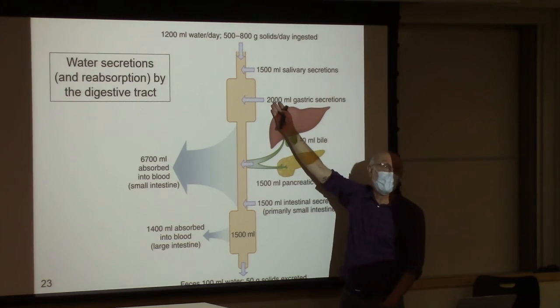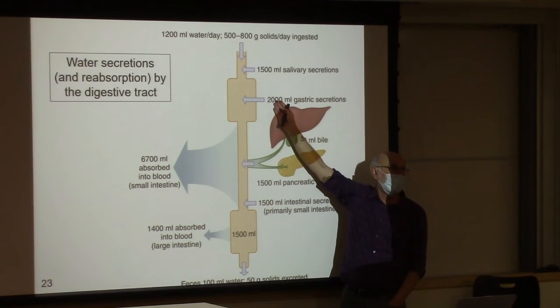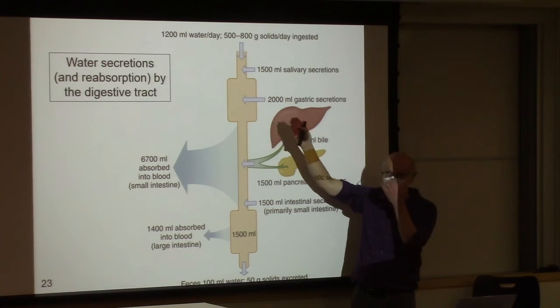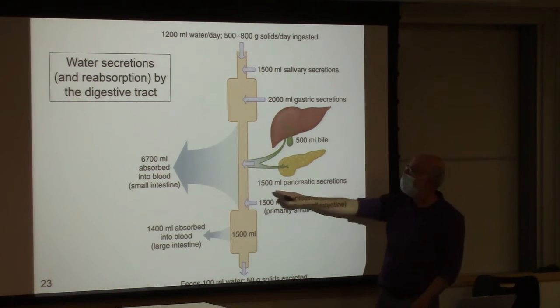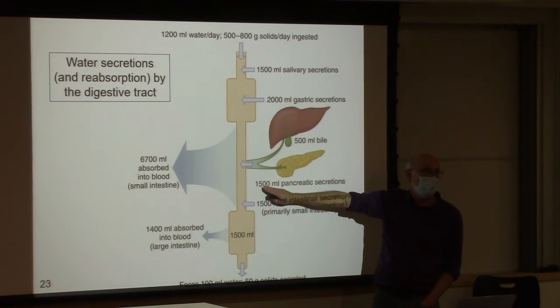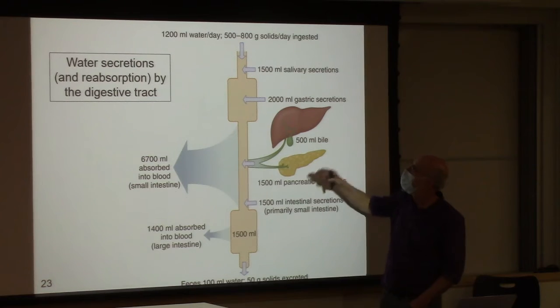You secrete about 2 liters of gastric acid a day into the stomach. You pump about a half a liter of bile and another 1.5 liters of pancreatic juice, enzymes, zymogens, bicarbonate.